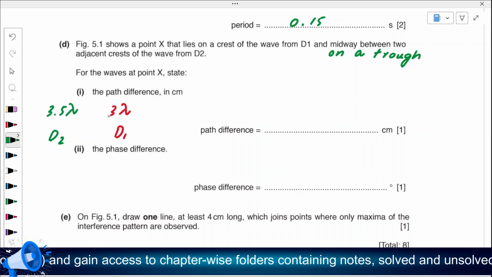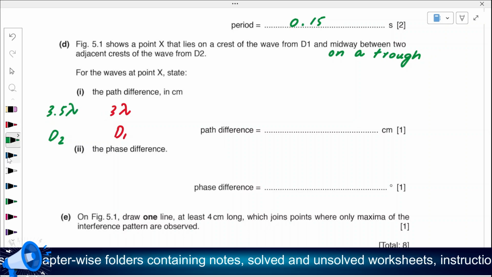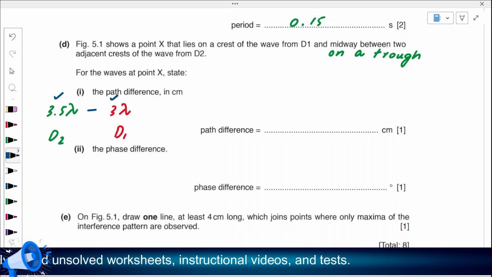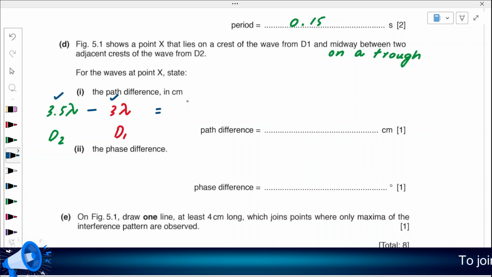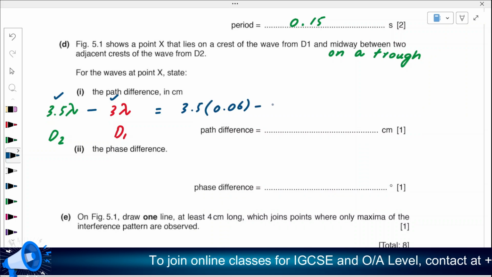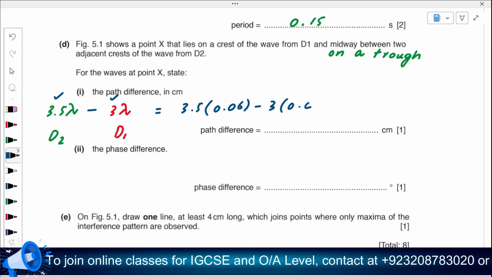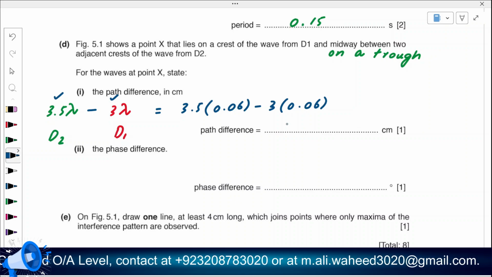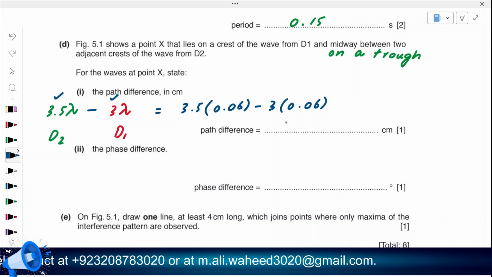Now what is the path difference? Well, we simply subtract, the greater distance minus the smaller distance, or you can do it the other way around also and then just simply ignore the negative sign. So 3.5, the wavelength was 0.06, minus 3, the wavelength was 0.06, and what do we get?